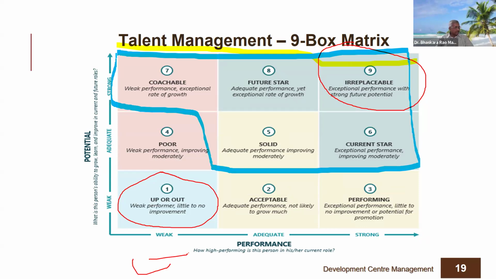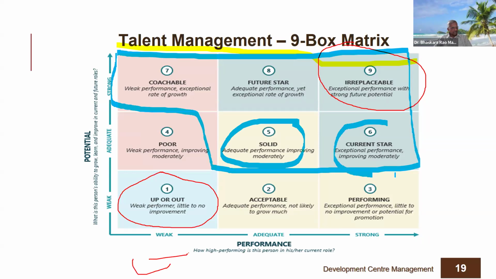The potential is great, performance is not great, then probably, because the potential is there, you can coach them and make them ready for your organizational needs. Or with adequate performance and adequate potential, they are somewhere here, then probably you can train them for the future and then move them up either on the potential side or on the performance side.